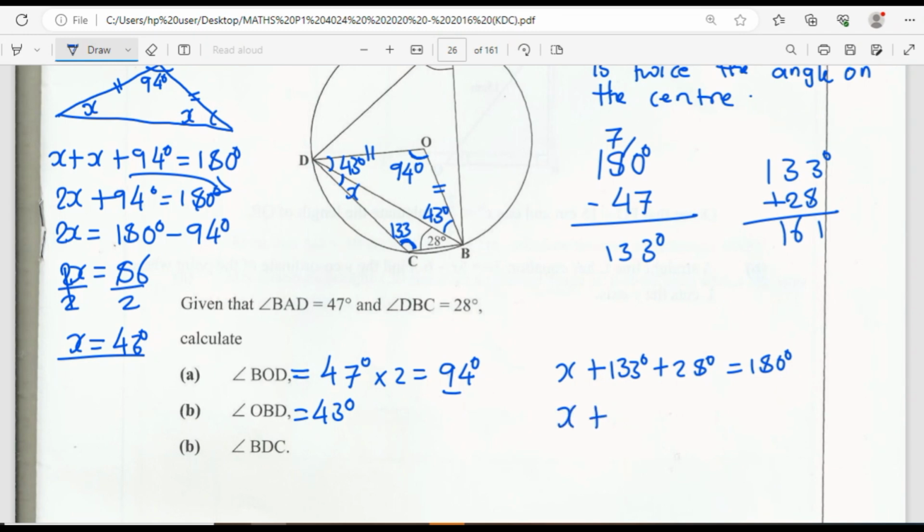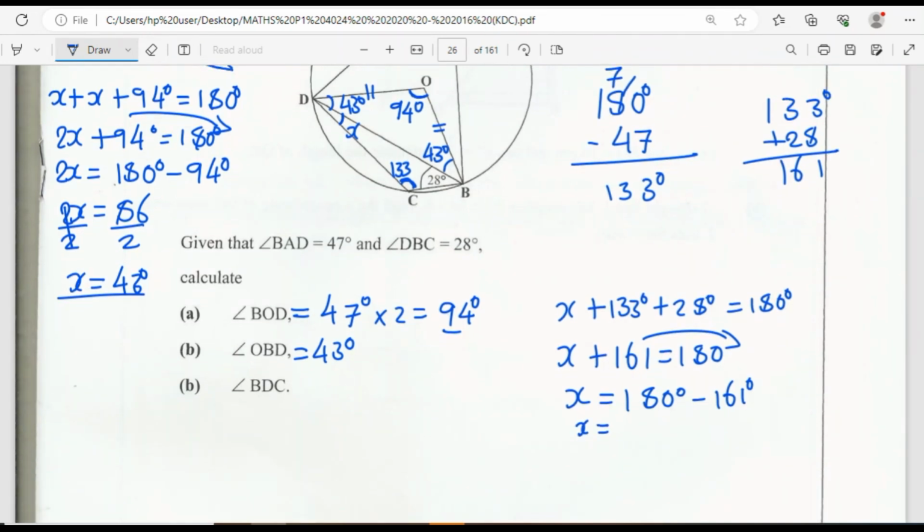So x plus 161 is equal to 180. Then we shift this number to the other side, so it's 180 minus 161. This will give us 19. So the angle here is just 19.